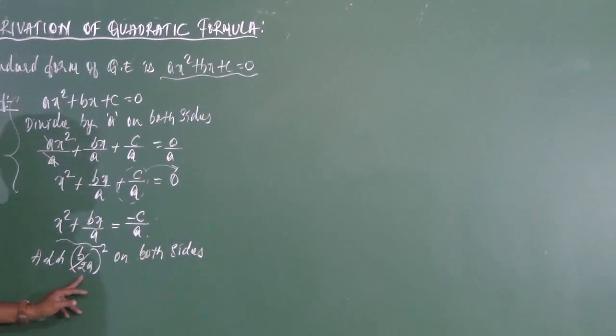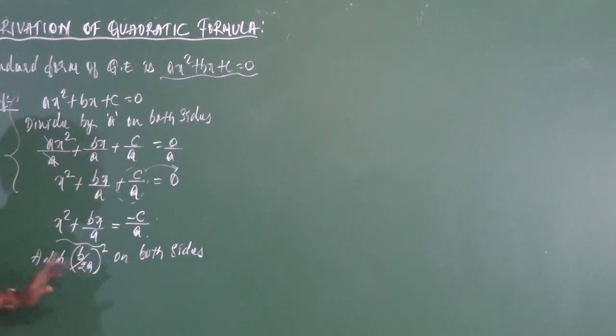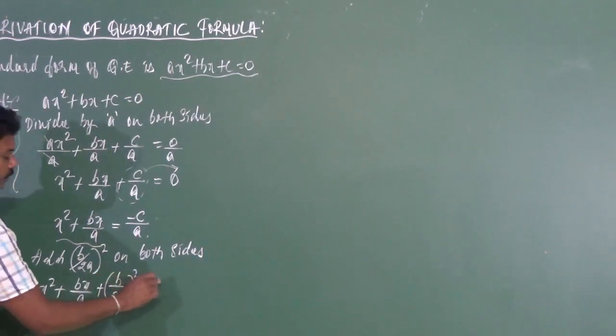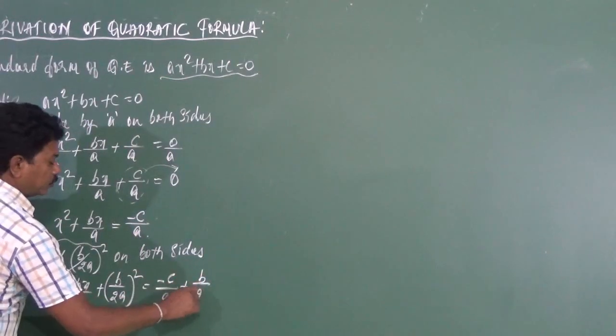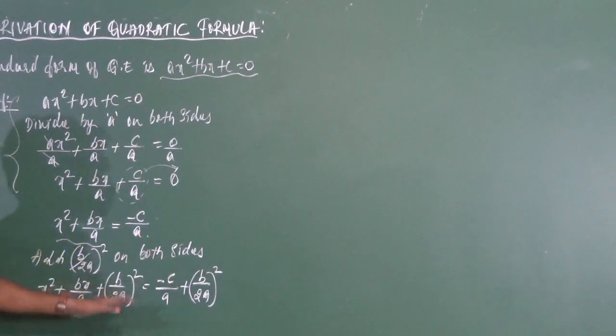How you get (b by 2a) whole square, that was the story there. Okay, so x square plus bx by a plus (b by 2a) whole square is equal to minus c by a plus (b by 2a) whole square. I have added (b by 2a) whole square on both sides.